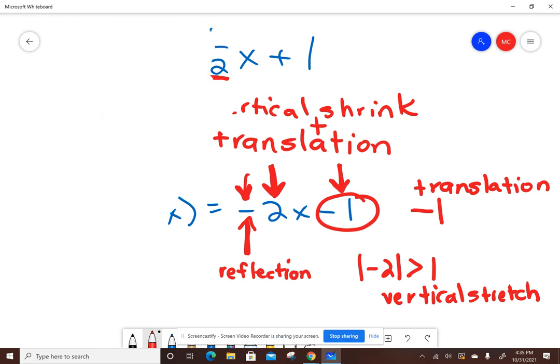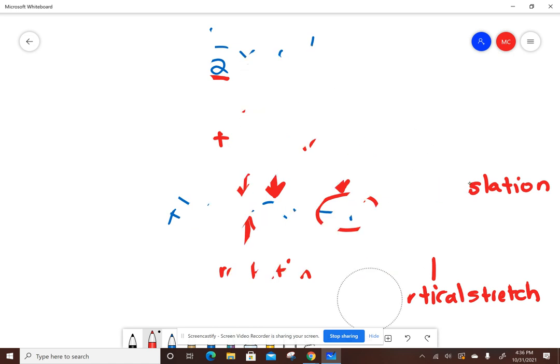Okay, so now if you turn to page 37c, and you look in the right-hand column, it basically sums up for you everything we just did.